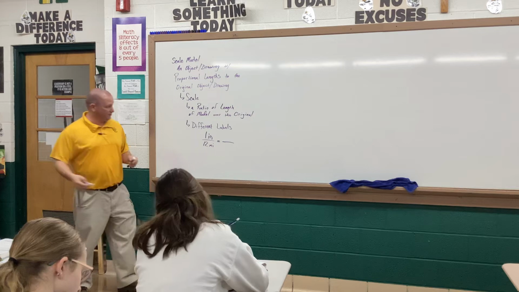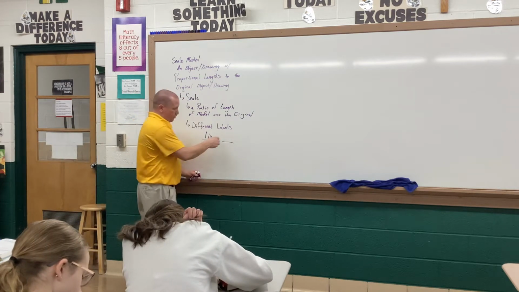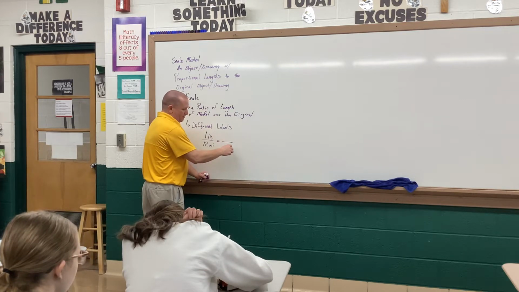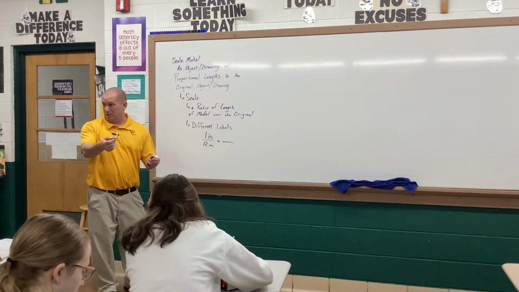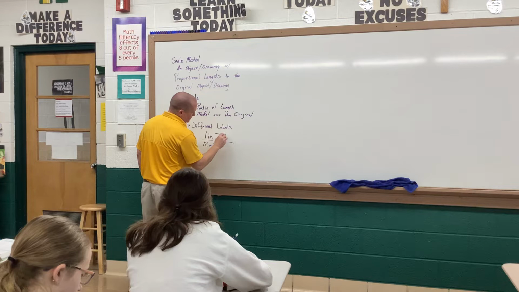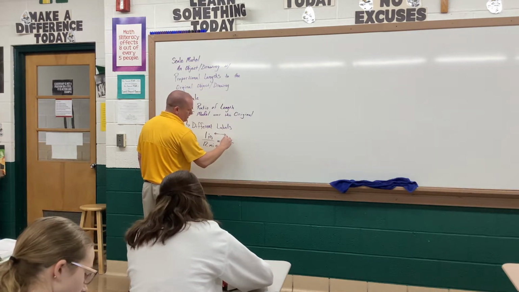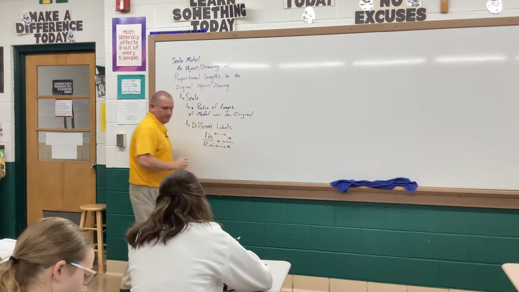Okay, so the other thing that has to occur when you set up this proportion, because then they're going to give you some kind of information. We're either going to measure this using our own ruler and then trying to figure out how many miles it is, or they're going to give you how many miles it is and then basically ask you to put it on the paper as inches. But what we're saying here is across from each other needs to be the same measure, right? So in this case right here, I'm always going to have inches over here and then I'm going to have miles here.